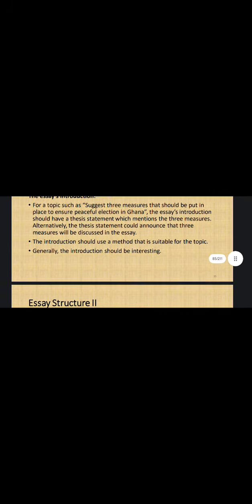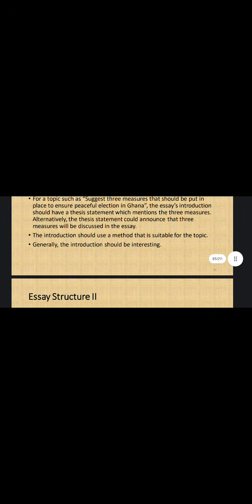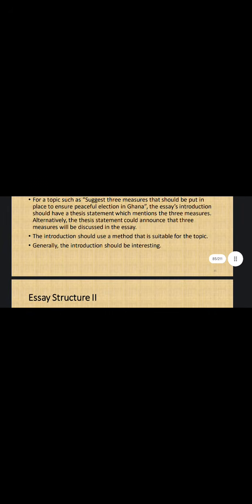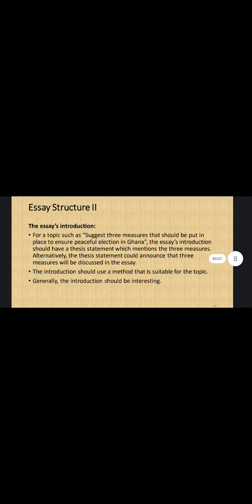So give something that is suitable for your topic. If you are using an anecdote, statistics or a quotation as your background information, it must relate to the topic you've been given. Generally, the introduction should be interesting. As I said, your introduction should always be interesting. So we are done with the introduction.